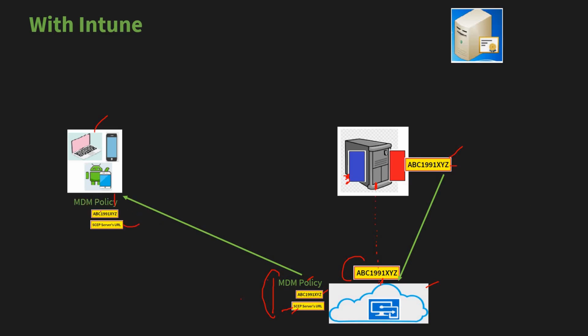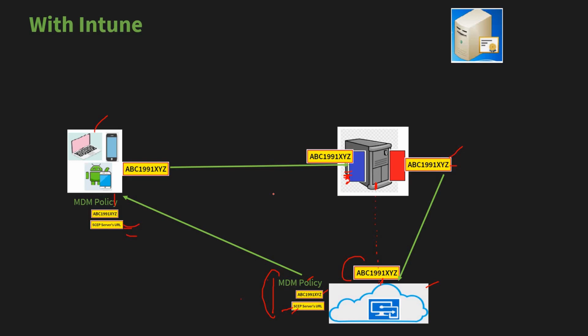So the Intune service sends this MDM policy to the end device, which is enrolled to Intune. The device takes a look at the MDM policy once it receives it, and from there it fetches the SCEP server's URL. The SCEP server's URL is the public endpoint of the SCEP server, the blue, unauthenticated side. The device already has the challenge password, so it makes a connection to the blue endpoint of the SCEP server and provides the SCEP challenge password.